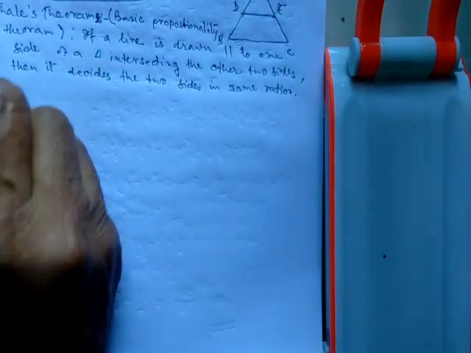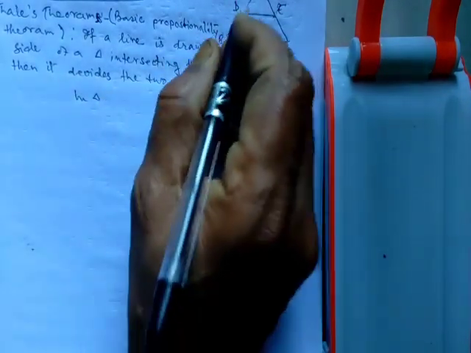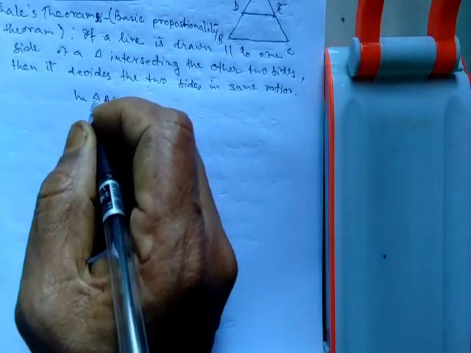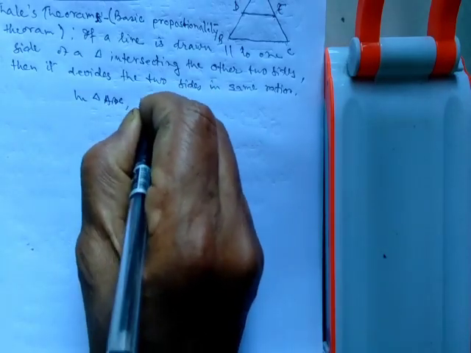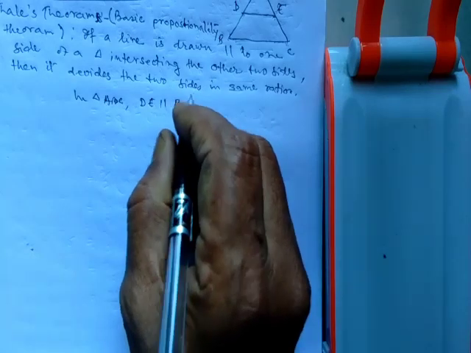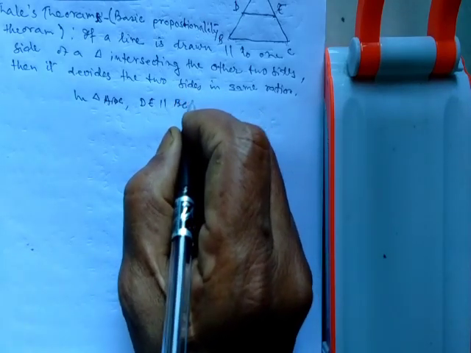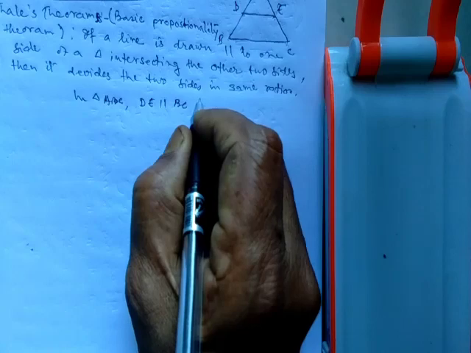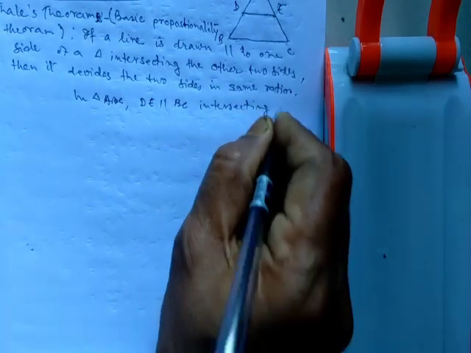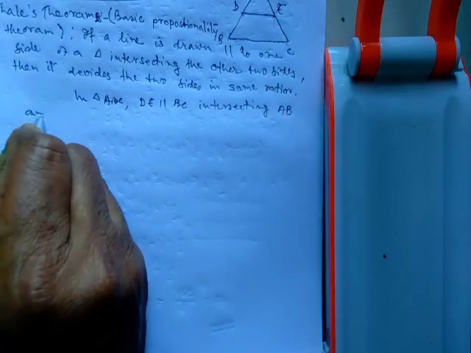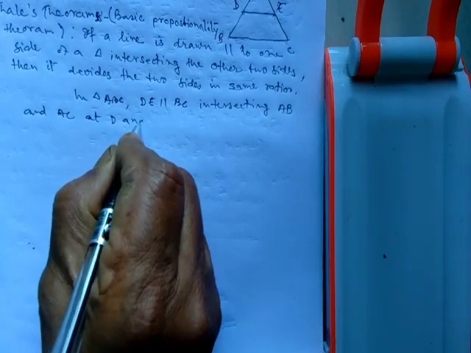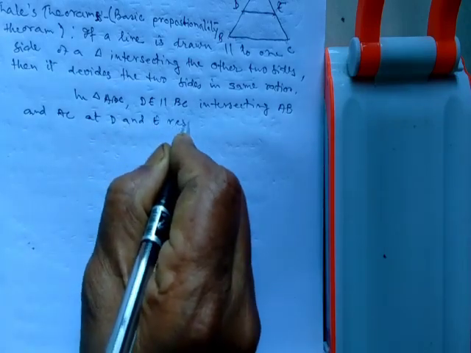Now see, in triangle ABC, DE is parallel to BC, intersecting AB and AC at D and E respectively.